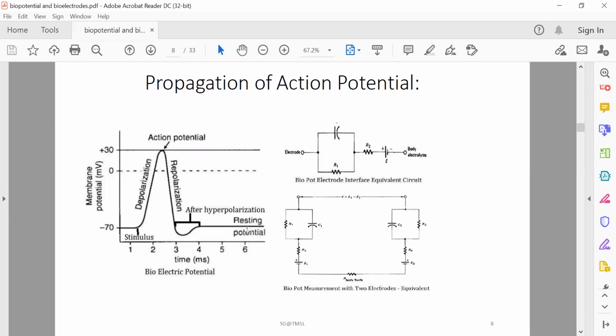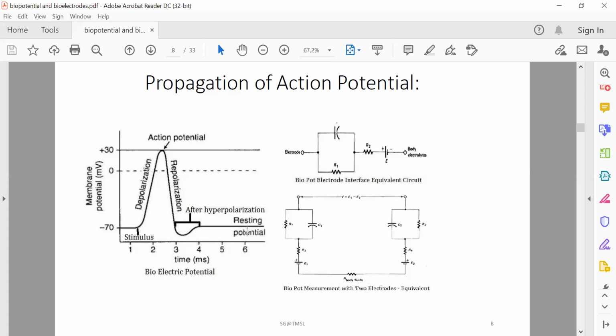Okay. When the action potential propagates, ionic currents flow if a cell is excited and generates an action potential. This process excites the neighboring cells, as I have told you earlier.